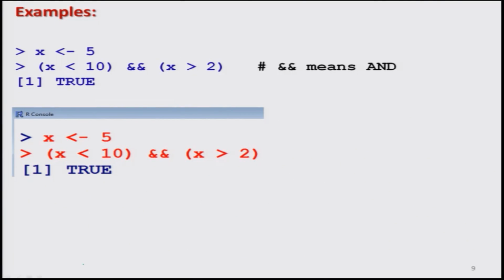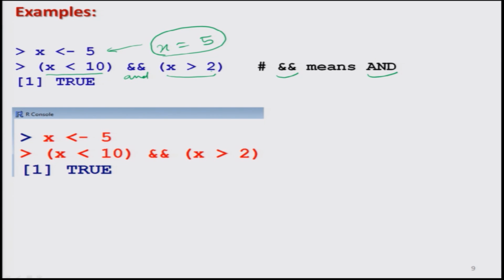Now, I am taking another example. There are two statements which I would like to show here. Here I take x equal to 5, and there is an operator, double ampersand, which means AND, that we had discussed earlier. Now I want to check that when x is equal to 5, the statement that x less than 10 and x greater than 2, is this statement true or false?